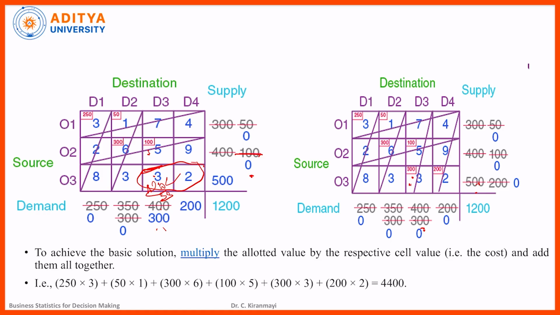Therefore, assign 300 and 500 minus 300 is going to be 200. All 400 units, 300 plus 100, are supplied to destination 3, strike off that column also. Lastly, we are left over with only cell 34. 200 units are demanded, 200 are left over. So, allocate those leftover 200 units to this cell.